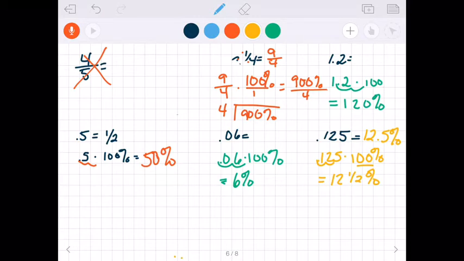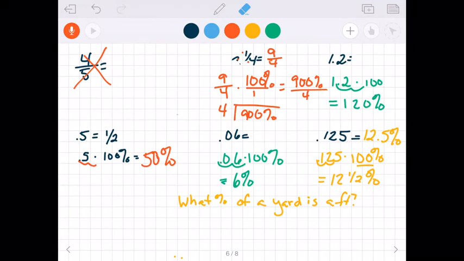Well, if 1 foot equals 3 yards, okay, then what we can know is that, let's talk about what it is as a fraction.